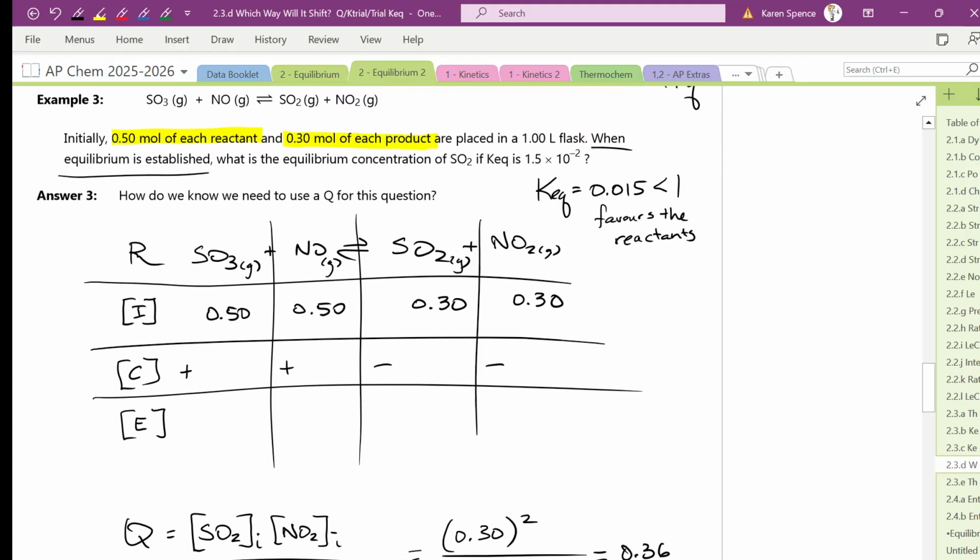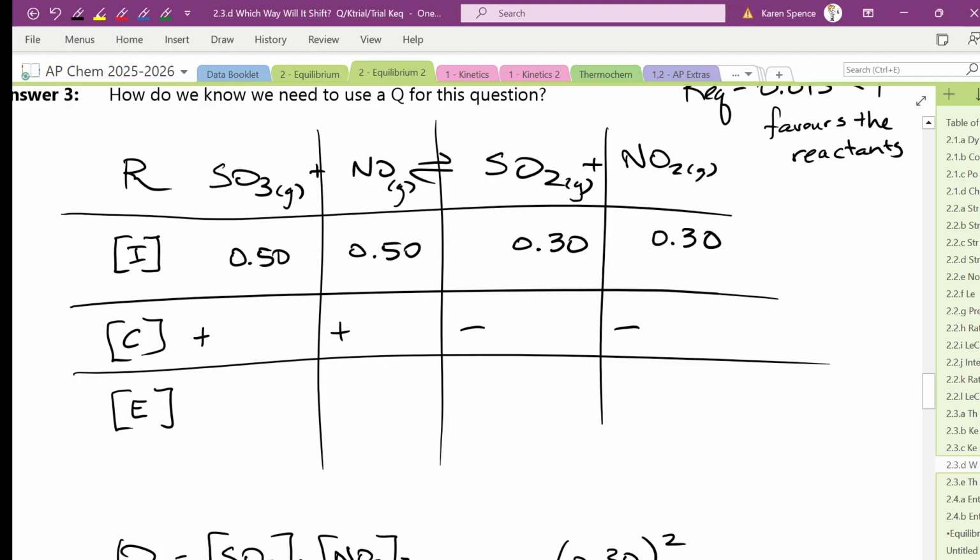What numbers do we put in there? X. Oh, and everything's got a coefficient of 1. Isn't that nice?